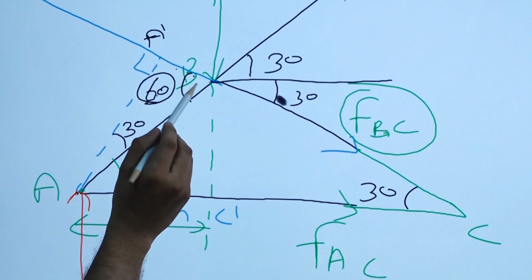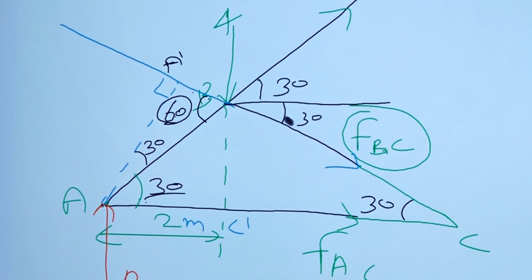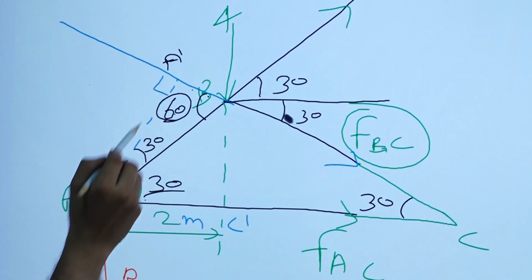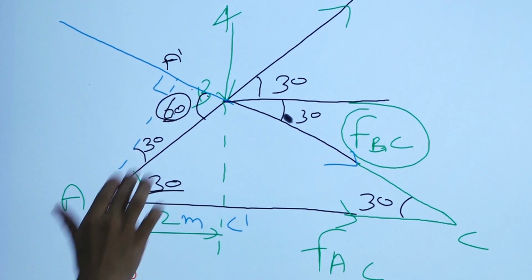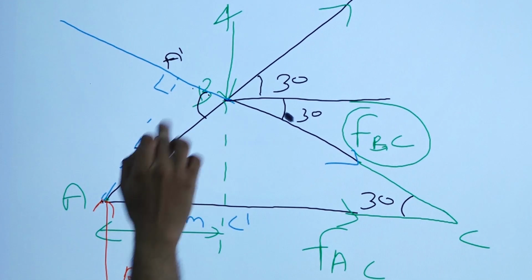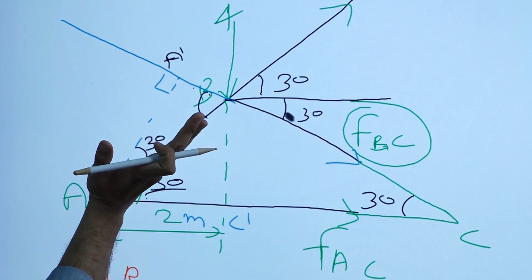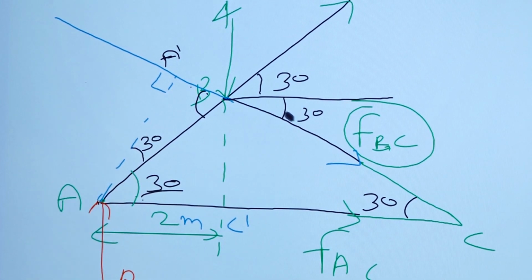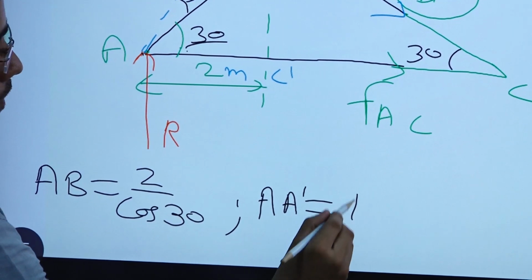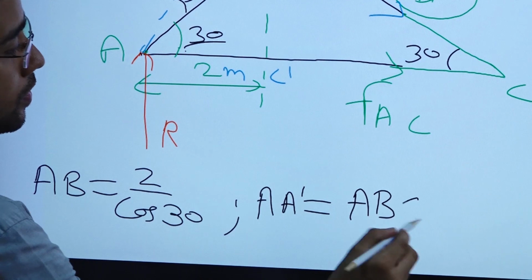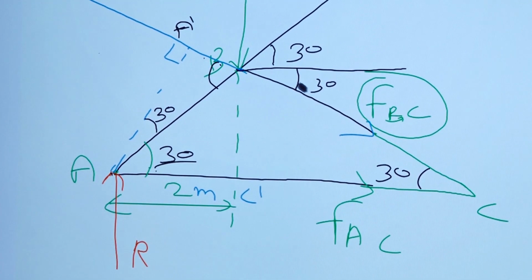So if this is 60, we have this A dash and B as a right angle triangle, and from this right angle triangle we can find this angle as 30. Finally we found this angle 30. So AB cos 30, A dash will be AB cos 30, from this right angle triangle we can say.